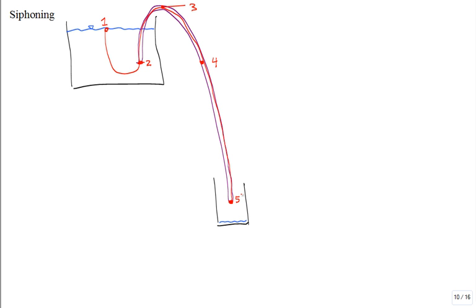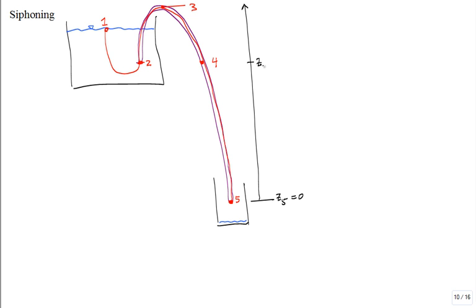Okay? Somebody says, I want to introduce a coordinate system. You can introduce a coordinate system starting with z at 0 where 5 is and measuring up. And so z sub 5 would be 0.